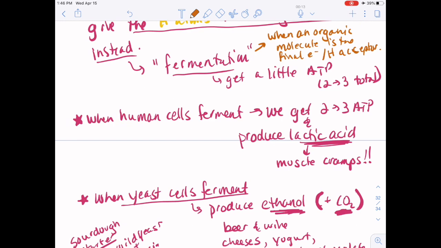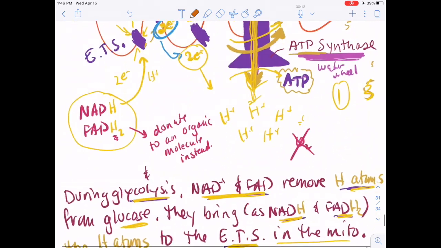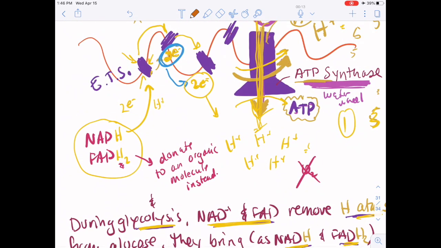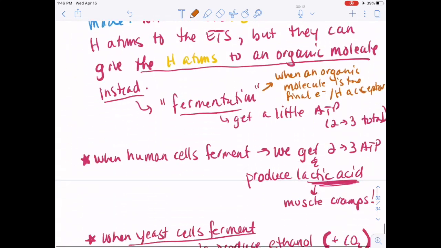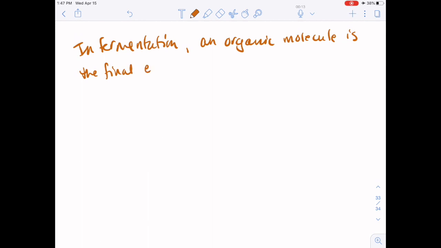In aerobic cellular respiration, oxygen is the final electron acceptor. Let's write it down here. In fermentation, an organic molecule, sometimes it's pyruvate, is the final electron or hydrogen acceptor.